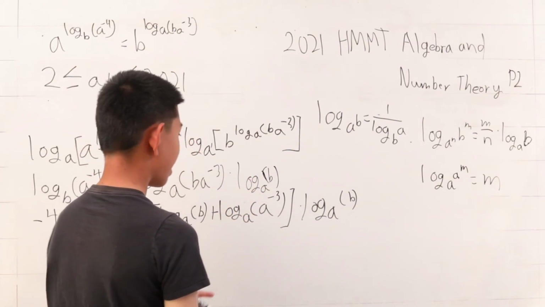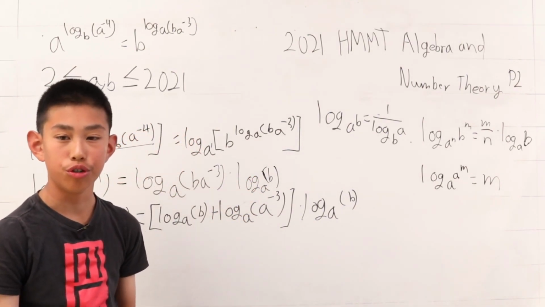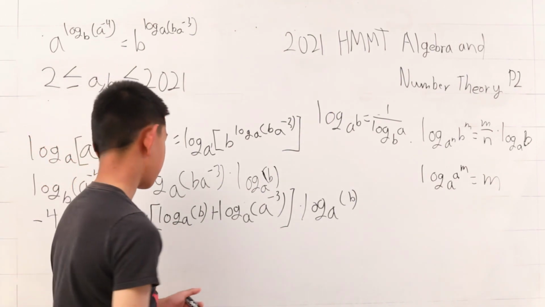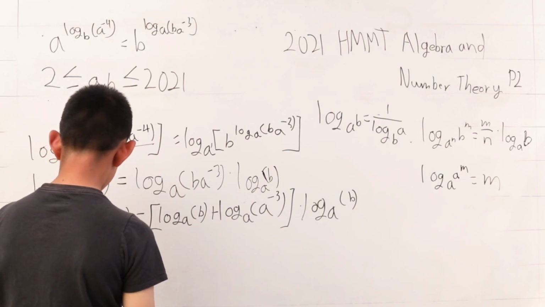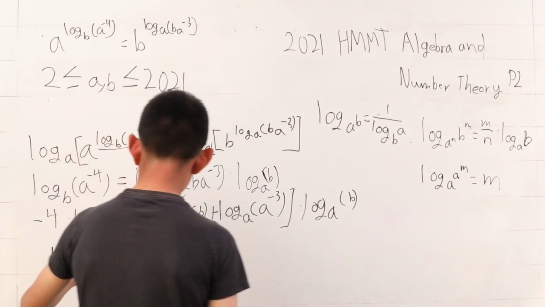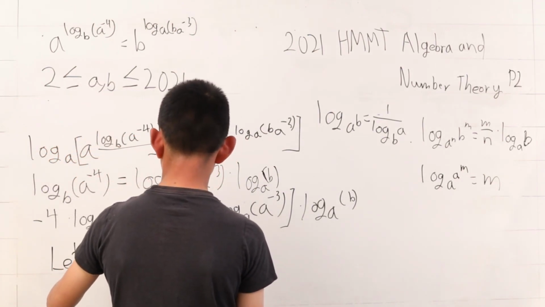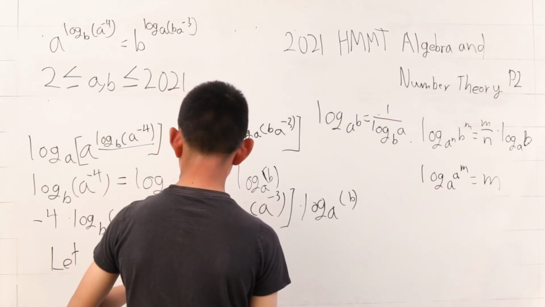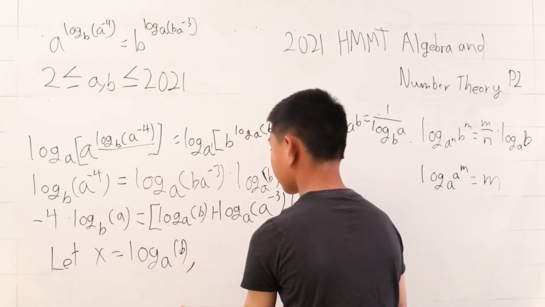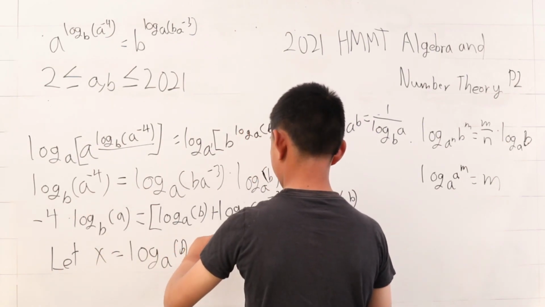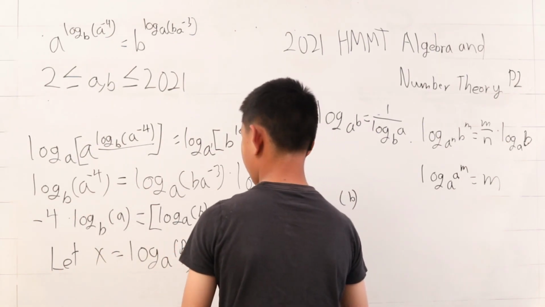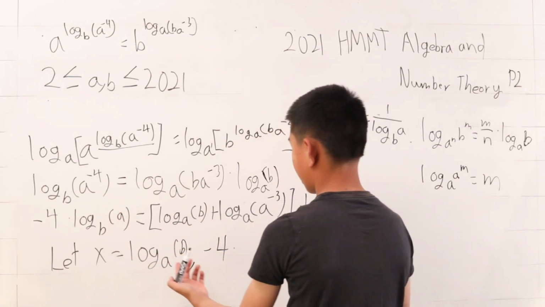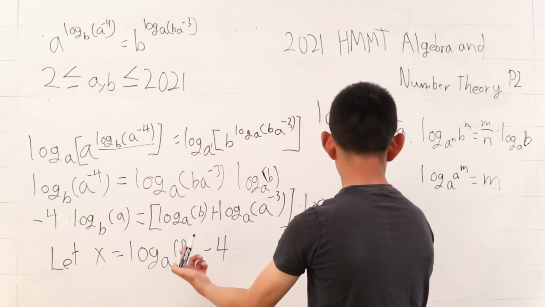Now we can use some substitution to make this easier. We let x be equal to the log base a of b. Once we have that, this expression is negative 4 times, well, it's basically flipped over. We wanted to have it as log base a of b.